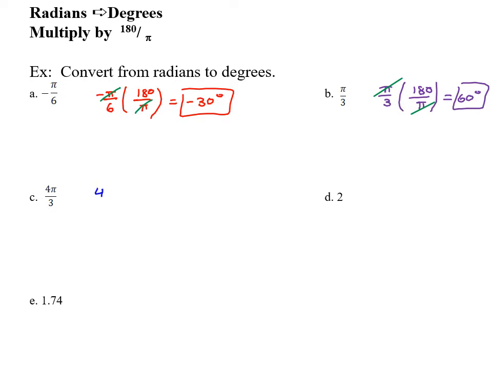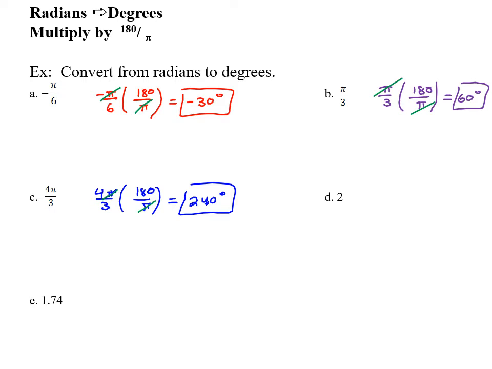If I do that with 4 pi over 3, I would take 4 pi over 3 and multiply by 180 over pi. Again, the pi's cancel. Here, 3 goes into 180 60 times, just like it did on the previous one, but I do 60 times 4, which is 240 degrees. And you could type this in the calculator if you really wanted to.